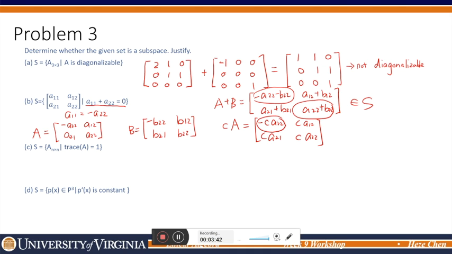Since negative C times A22 plus C times A22 is equal to 0, C times A will also be inside S, so it's closed under scalar multiplication. Since the zero vector, the 2×2 zero matrix, is inside S, we can conclude that S is a subspace.